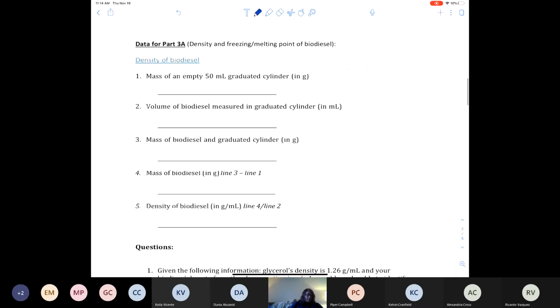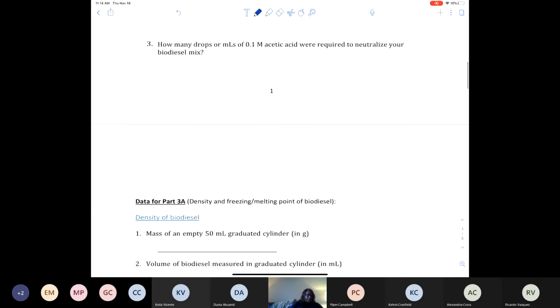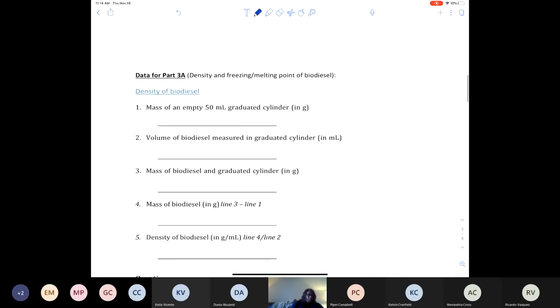But then also in part 3, the analysis, we want to determine the density of our biodiesel. So we're going to need those volumes from cylinder number 1 and cylinder number 2.